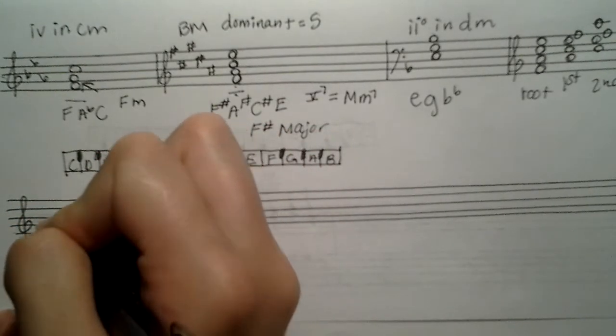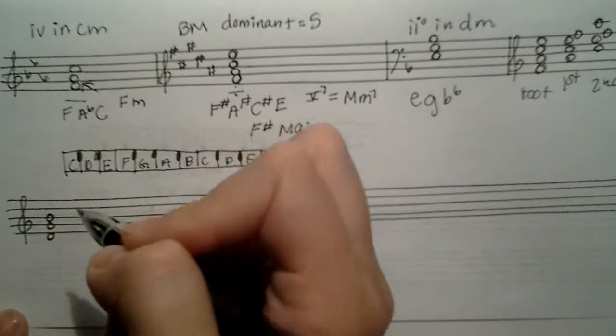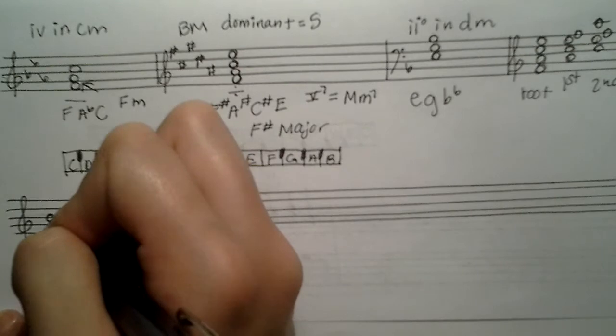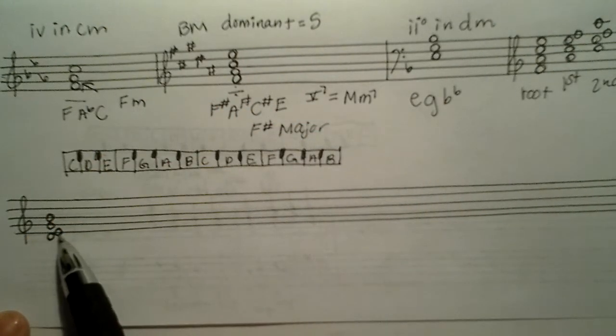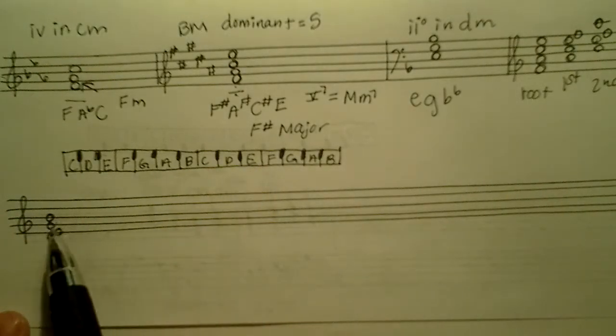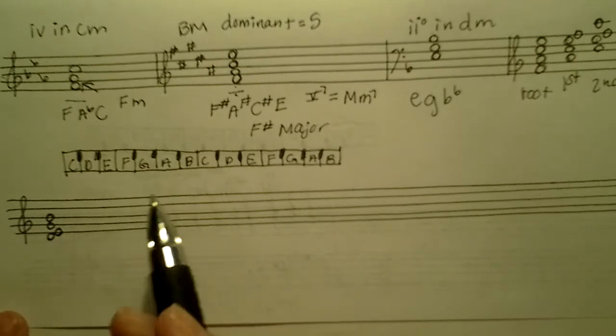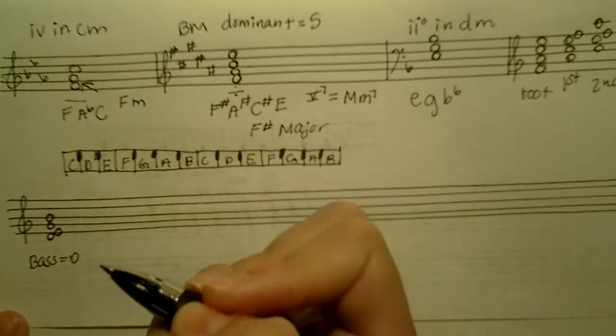So let's say that I have this chord right here. We have D, E, G, and B. Obviously, first we're going to look at what the bass note is. The lowest note is D, so therefore the bass equals D.